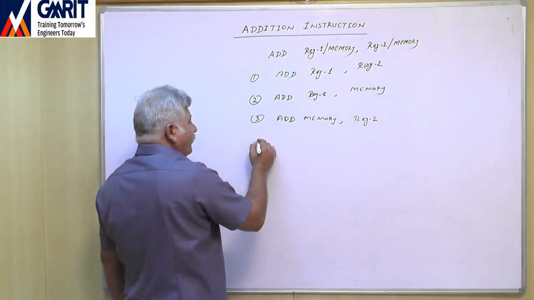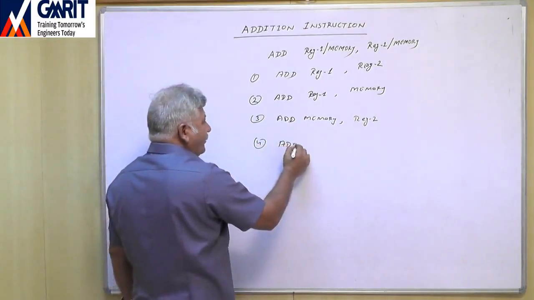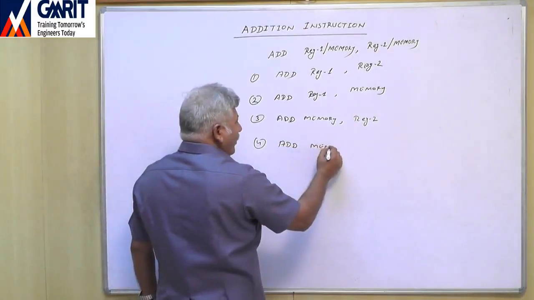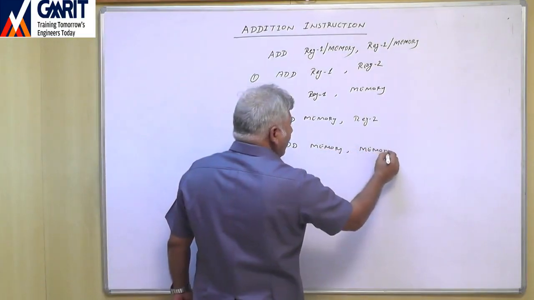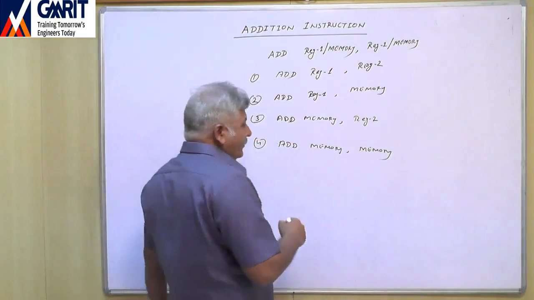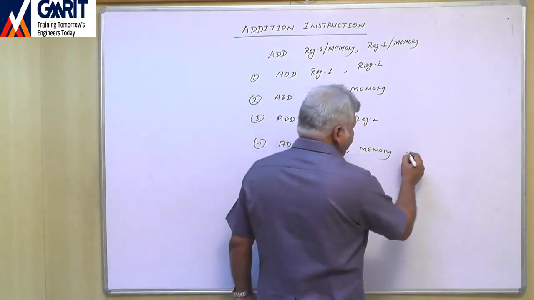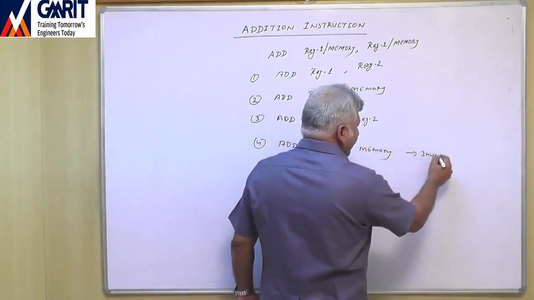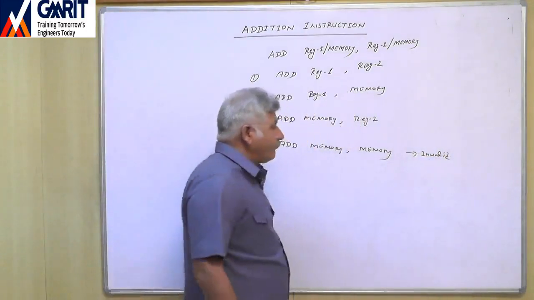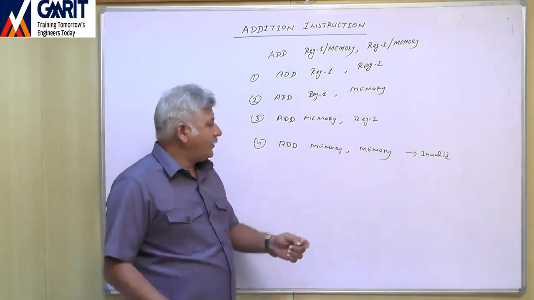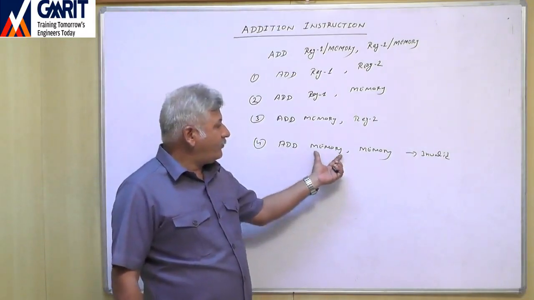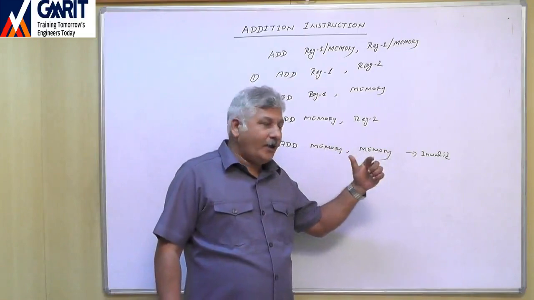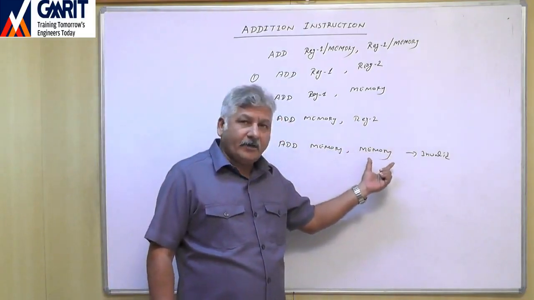And the fourth format, that is add memory content with memory content. This is invalid. It means in memory some data is there and we want to directly add it with another data which is in memory.